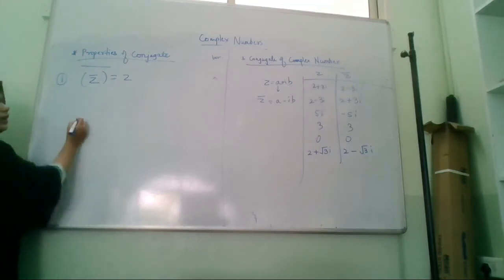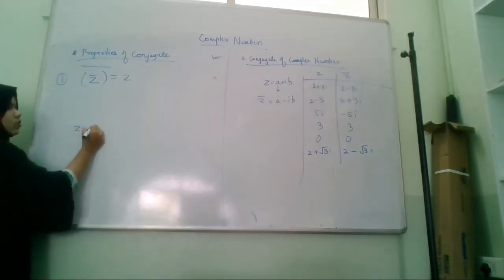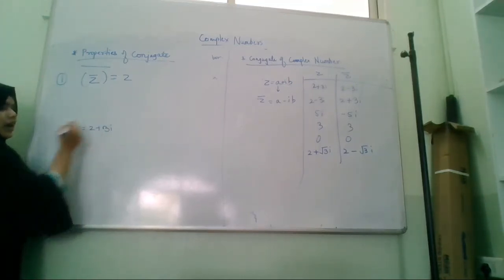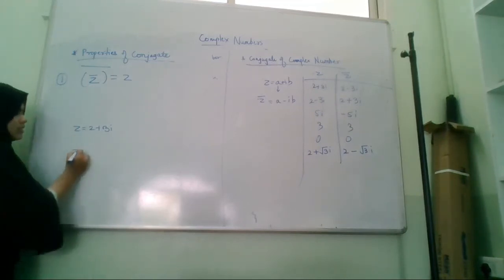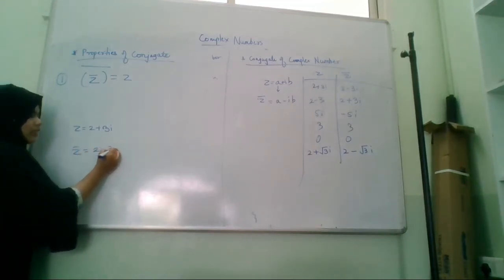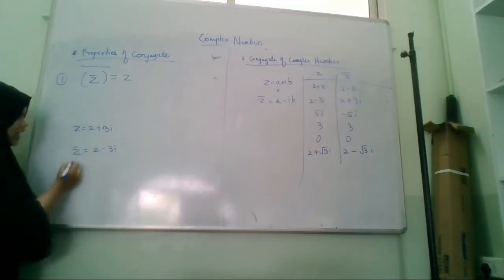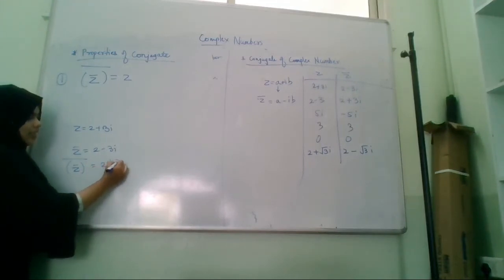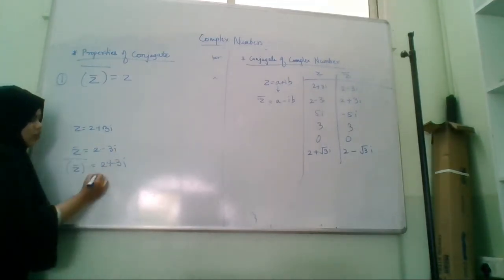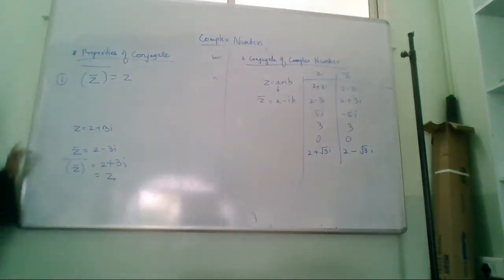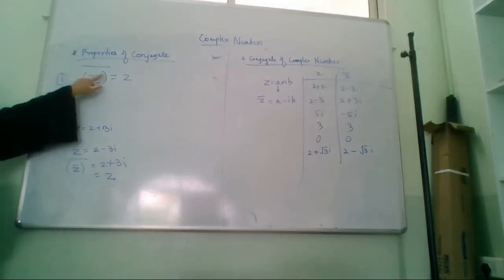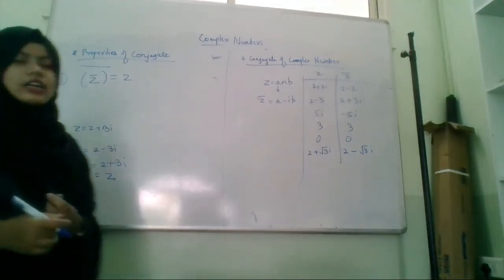For example, if Z is 2 plus 3i, its conjugate will be 2 minus 3i, and if you take the conjugate of this, you will get 2 plus 3i, which is nothing but your original number Z. So the conjugate of the conjugate gives you the original number.